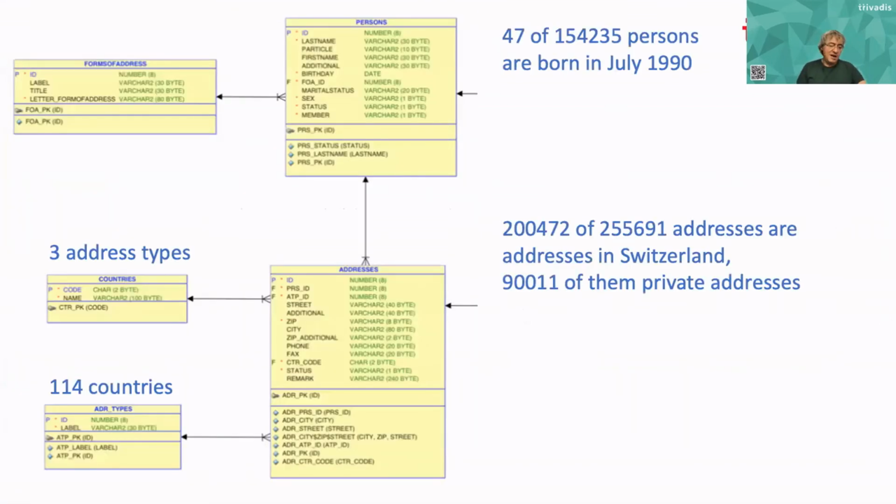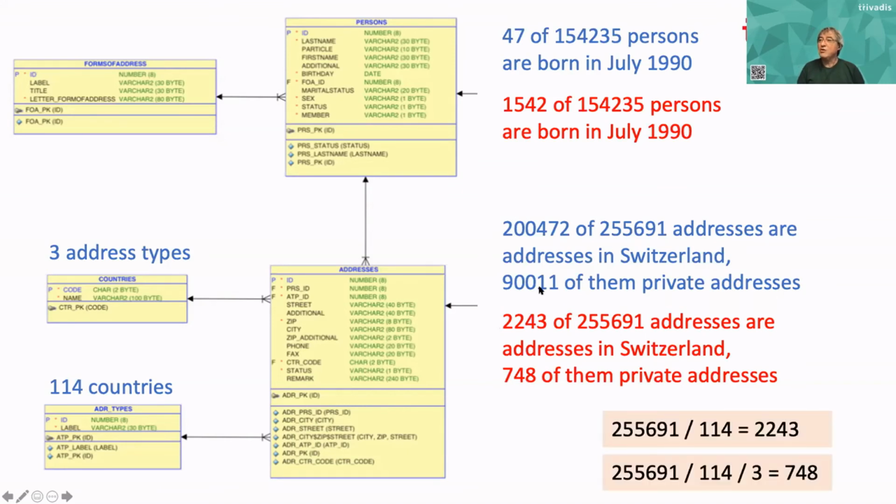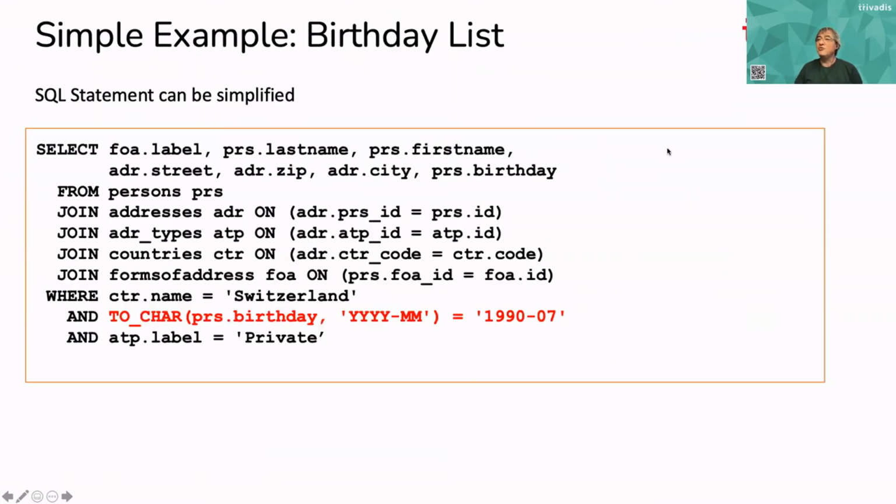I think I ran out of time, so I skipped this part with the exact explanation, but just to see why these numbers are wrong. We could look at how many different address types and countries we have, so we can calculate all these numbers. That's all correct. But the problem here is that we have only 1% of the data, and the reason for that is this expression. And that's also something important to know when you do SQL performance tuning, or if you write your SQL statements.